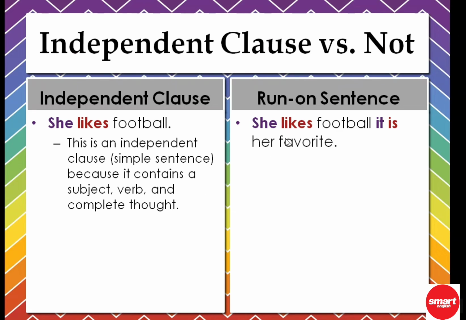But consider this: she likes football it is her favorite. Ask yourself, how many subjects do I have here? I have two subjects. The first one is she, the second one is it. What about the verbs? I have two verbs as well: likes and is. So I have two subjects, two verbs.